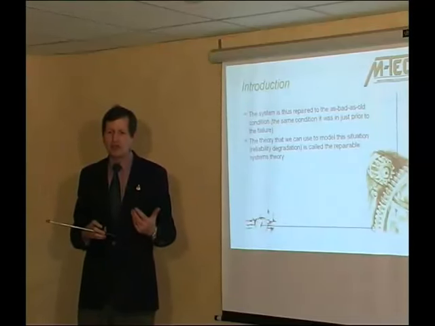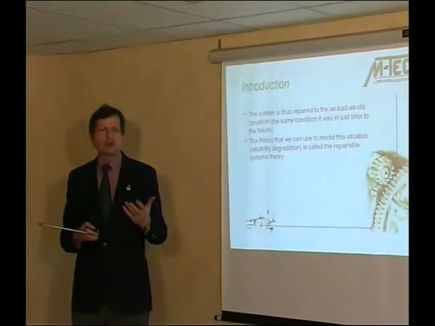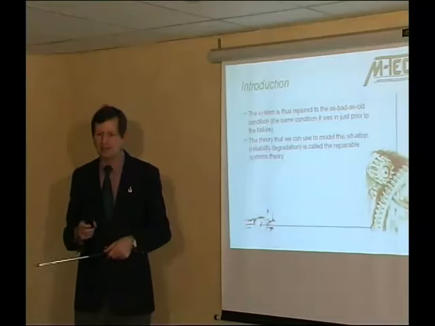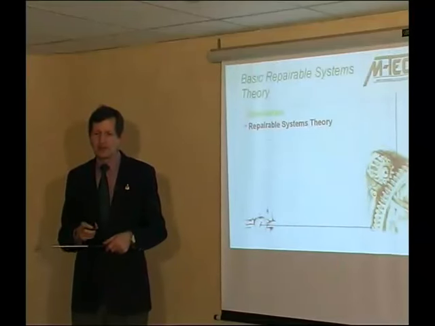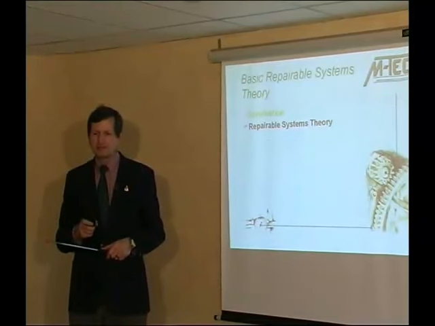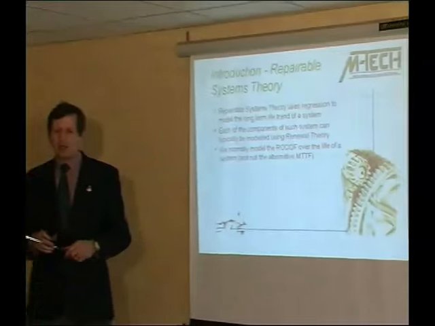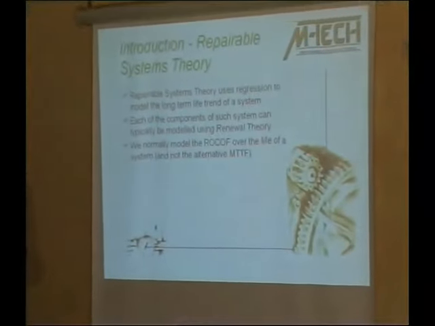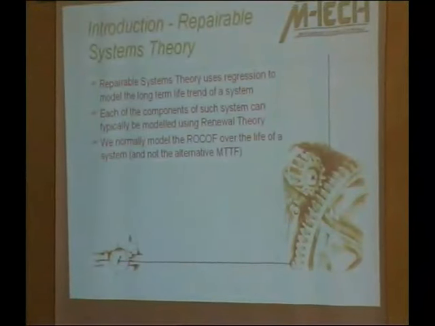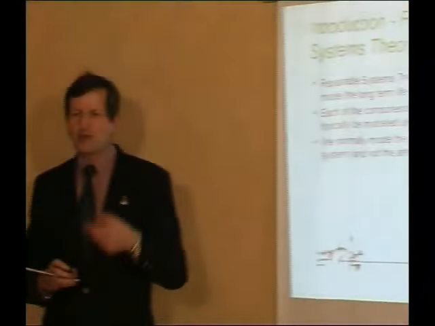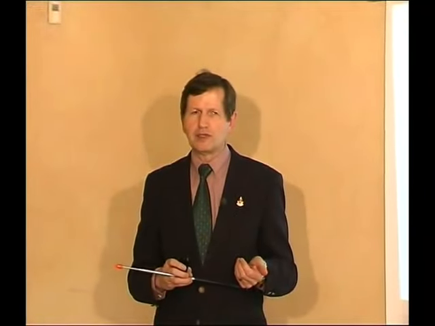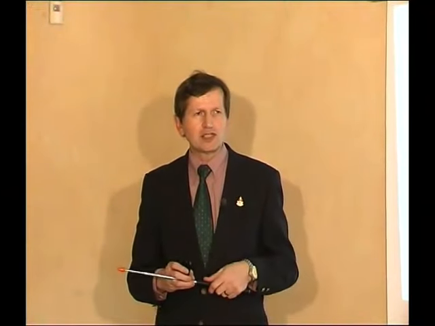The theory that we can use to model this situation, which we call reliability degradation, is called the repairable systems theory. Okay, so then we quickly look at the theory. We say that repairable systems theory uses regression to model the long-term life trend of a system. Each of the components of such a system can, of course, be modeled using renewal theory, as we discussed in the past.